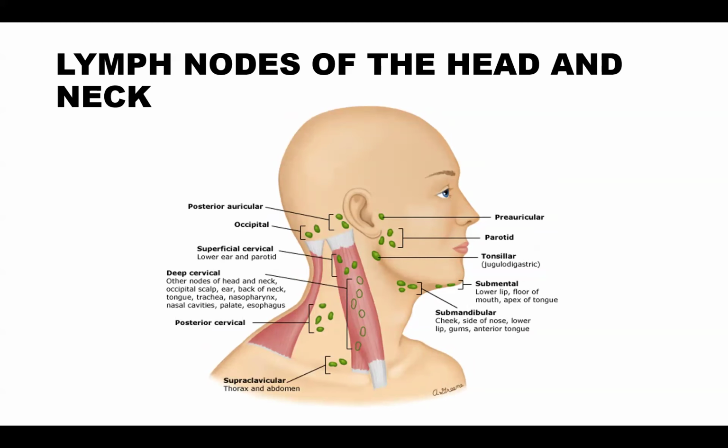You can see the pre-auricular, the posterior auricular, the occipital, then upper cervical, middle, and lower, then the posterior cervical, submandibular, the deep cervical. You have them all distributed, as you can see, along the border of the sternocleidomastoid muscle.